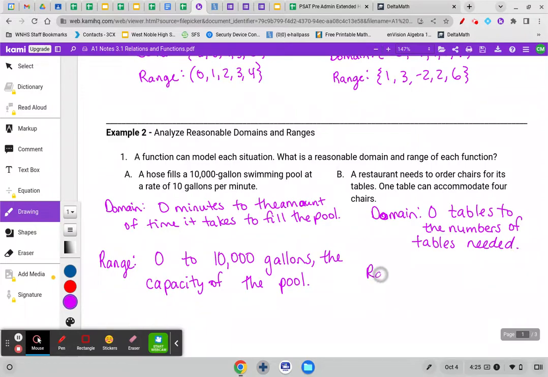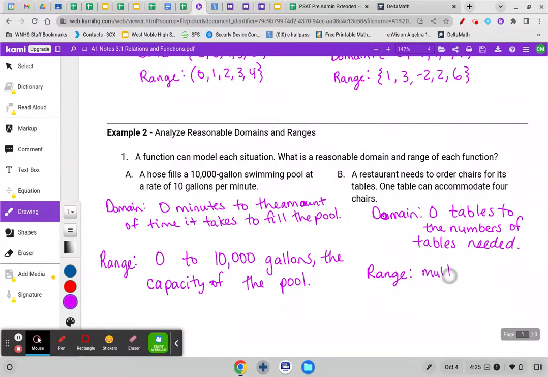While the range, on the other hand, is our outputs, and in this case, it's going to be how many chairs we need. This one's a little different. It's not quite as all-encompassing as just 0 to 10,000 gallons. Our range is going to be multiples of 4 because we need 4 chairs at each table.